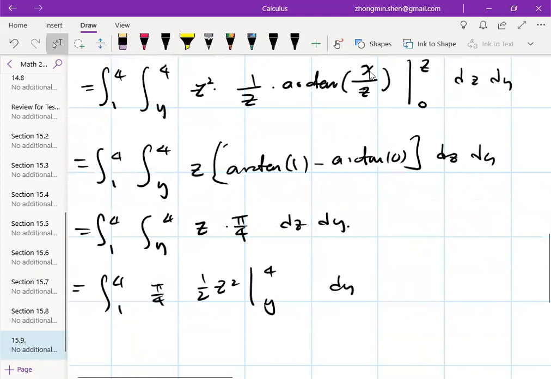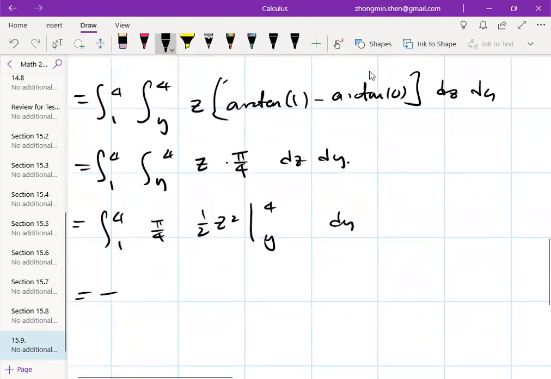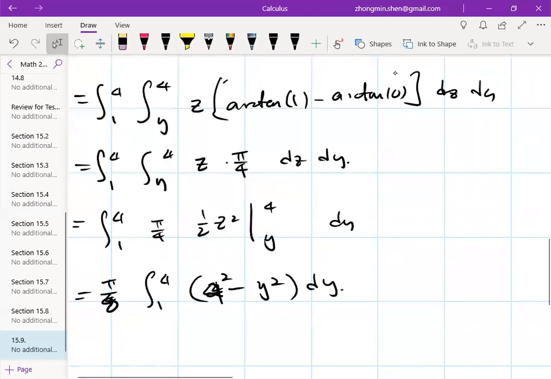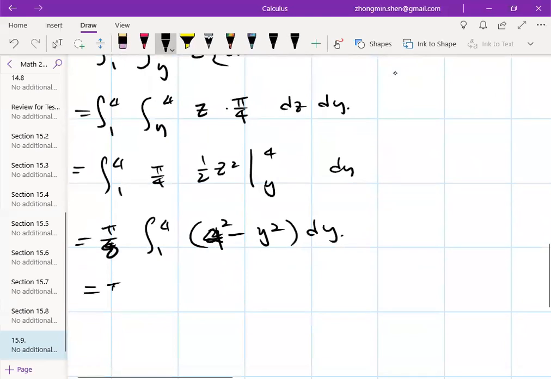And then finally, that will be 4 squared minus y squared, dy. Then you find the antiderivative of that function: 16y minus 1/3 y cubed.